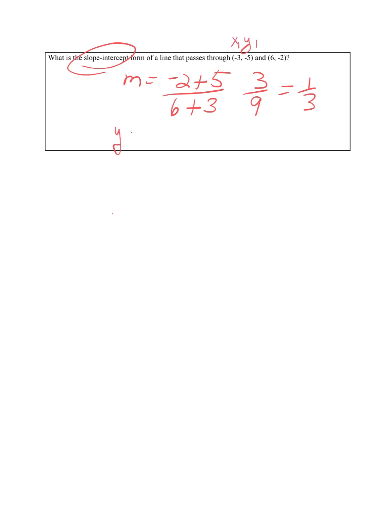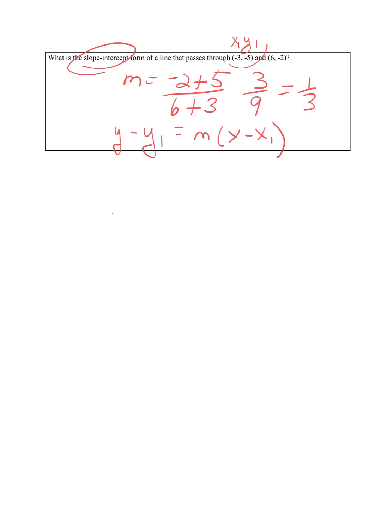Looking at our next problem here, it also asks us to write slope-intercept form. But this time we get 2 ordered pairs. So I've got to first start with finding the slope. So I'm going to do my change in y, negative 2 minus a negative 5, over my change in x, 6 minus a negative 3. And my slope will be 1/3. I'm then going to use one of those points and the slope to do point slope form.